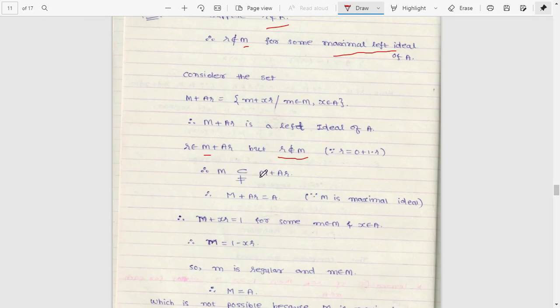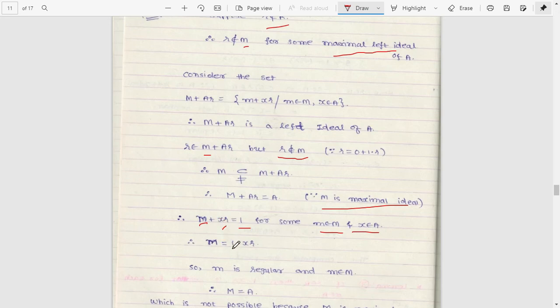So M is a proper subset of M plus Ar. So M plus Ar is equal to A because M is a maximal ideal. So m plus xr is equal to 1 for m belongs to M and x belongs to A. So m is equal to 1 minus xr.